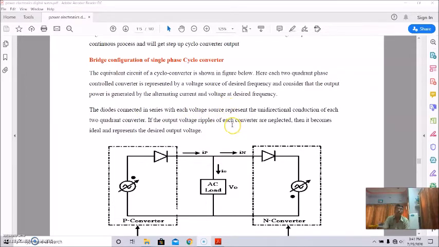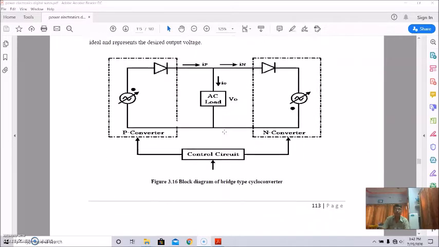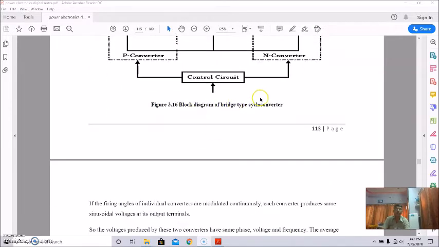The diodes connected in series with each voltage source represent the unidirectional conduction of each two-quadrant converter. If the output voltage ripples of each converter are neglected, then it becomes ideal and represents the desired output voltage.